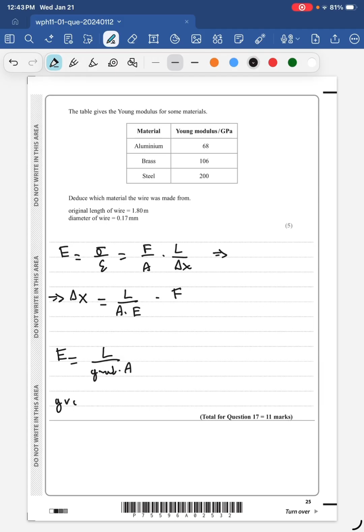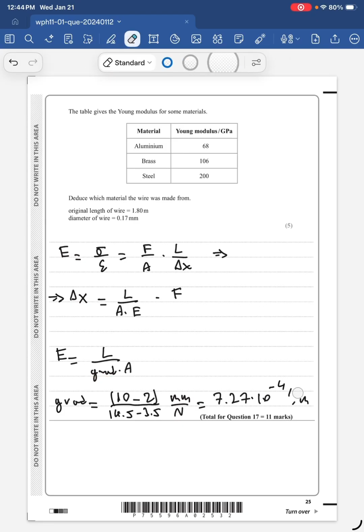Okay, so for the gradient, I'm going to go back to the graph and show you what I did. But okay, 10 minus 2 millimeters over 14.5 minus 3.5 newtons. So the gradient is 7.27 times 10 to the negative 4 meters per newton.